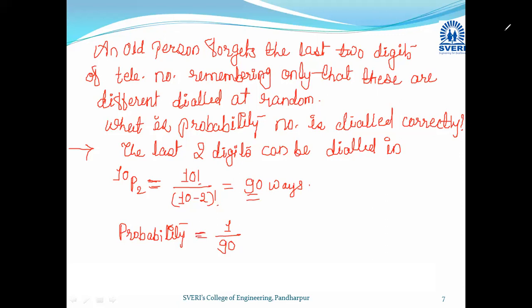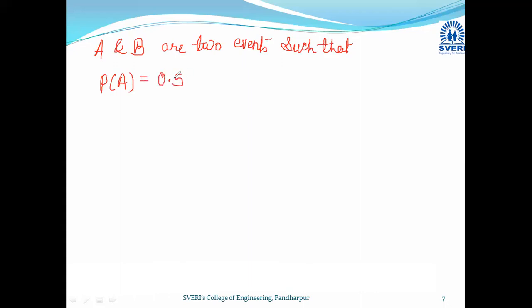Next example. If A and B are two events, such that probability of A, P of A is equal to 0.5, probability of B is equal to 0.6, and P of A union B is equal to 0.8.